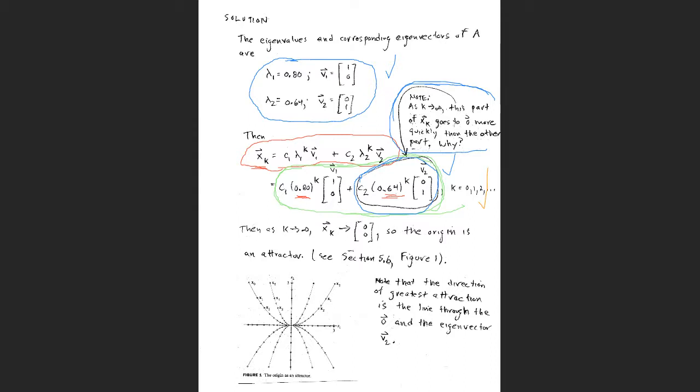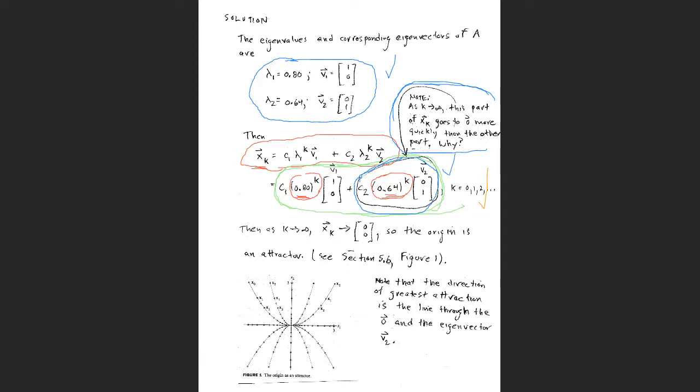So this trajectory described by this dynamical system will have to go to the zero vector, because as k gets large, both of these factors, 0.80 raised to the kth power and 0.64 raised to the kth power, go to 0.